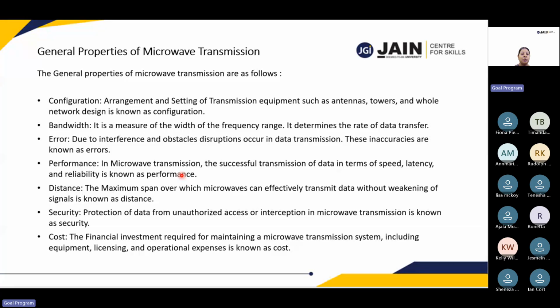Error: due to interference and obstacle disruptions, inaccuracies can occur in data transmission. There are a lot of disturbances, and signals cannot penetrate obstacles.